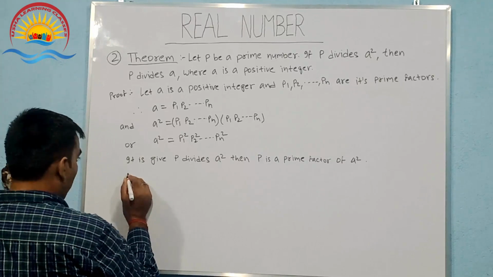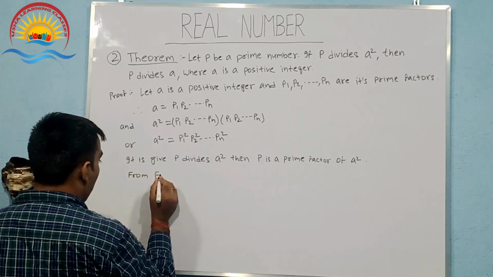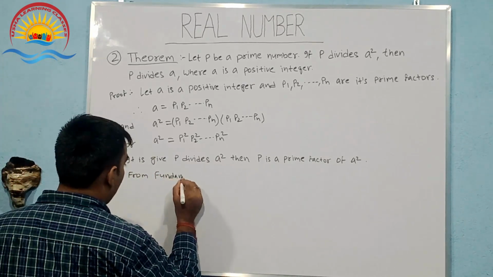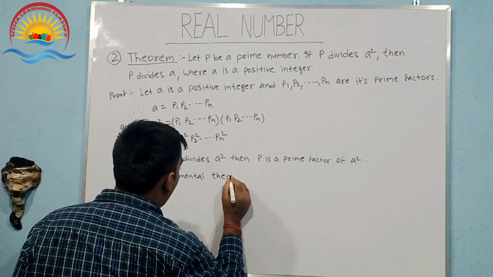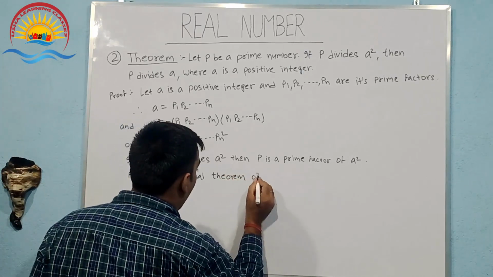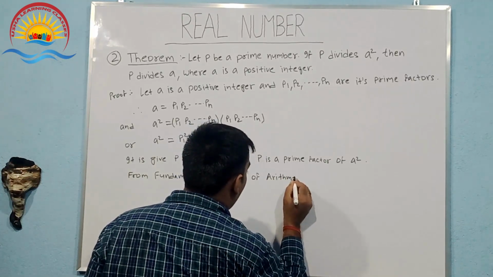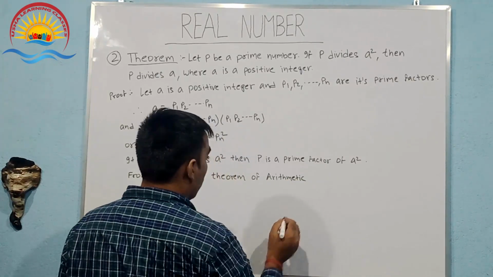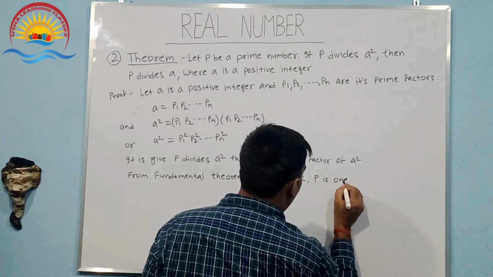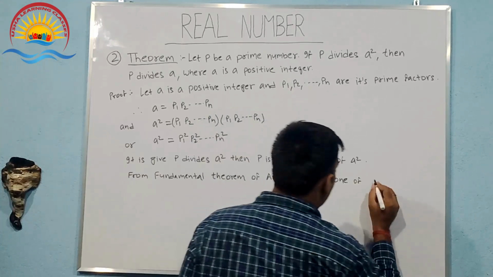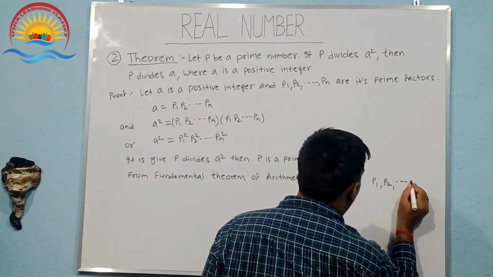Now, from the fundamental theorem of arithmetic, p is one of p1, p2, pn.